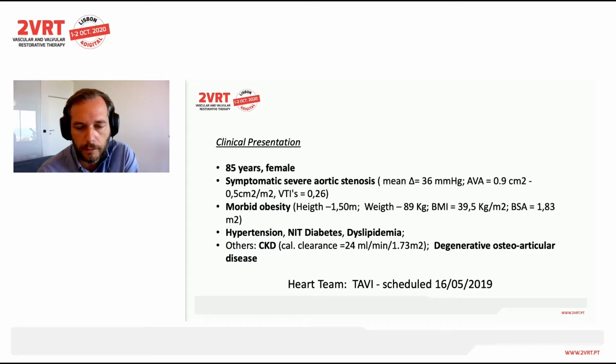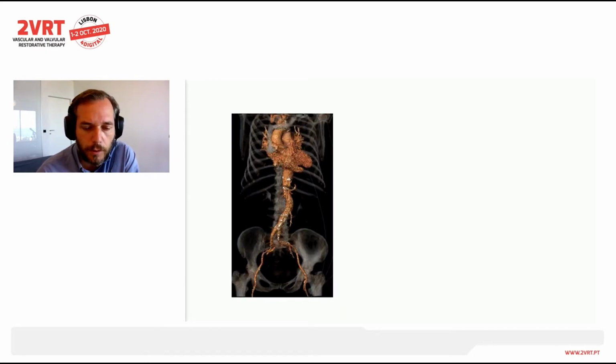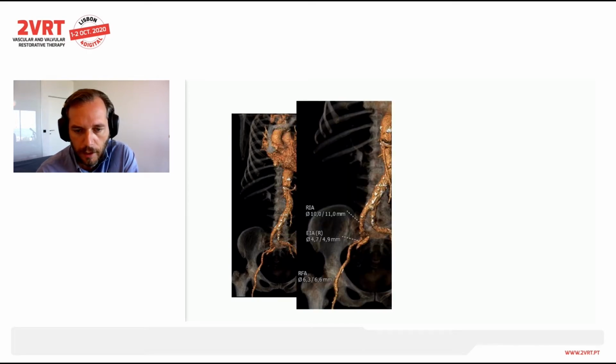So the heart team decided on TAVI in this patient, and she was scheduled to do it in May 2019. This was her CT scan, so we almost immediately recognized that there was a very large amount of calcium and tortuosity.